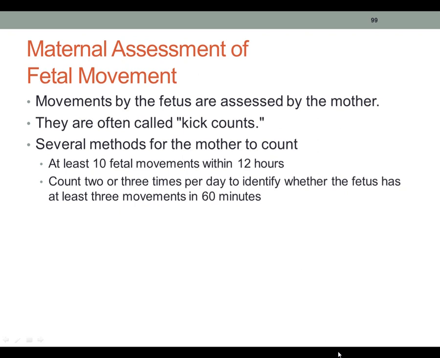But remember, this can cause mom to become really obsessive about whether or not baby's kicking enough, because baby may be asleep and they get really upset because baby hasn't moved. So we have to make sure that mom understands why we're doing this, and that if baby doesn't move, baby could be asleep. That doesn't necessarily indicate a problem.